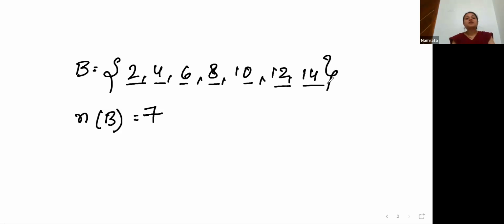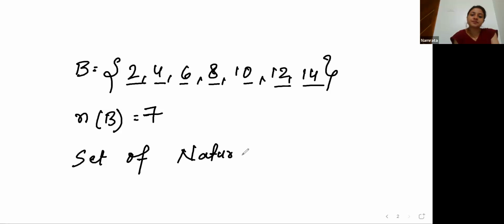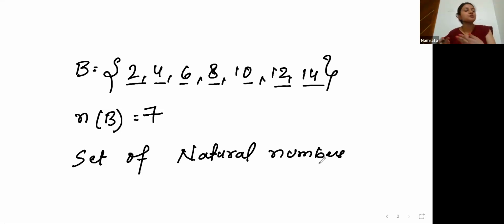Similarly, we will count the number of elements. Now, suppose we have the set of natural numbers. We know natural numbers are counting numbers which start from 1. So 1, 2, 3, 4, 5, 6, 7, 8, 9, 10. All the counting numbers till infinity are natural numbers.